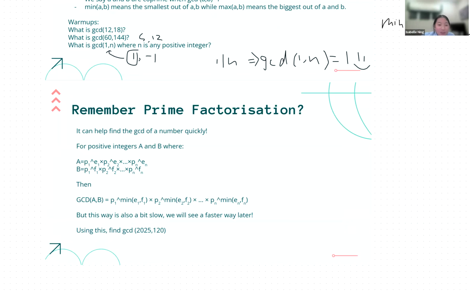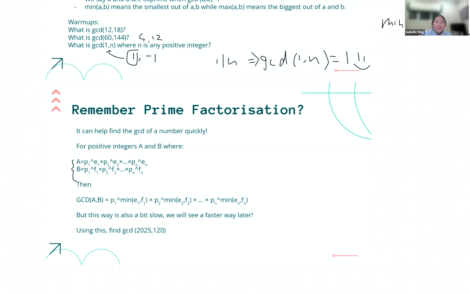There's a faster way to find greatest common divisor without guessing and checking or listing them out. You can see here the prime factorization of A and B, and the greatest common divisor of A and B is just these.